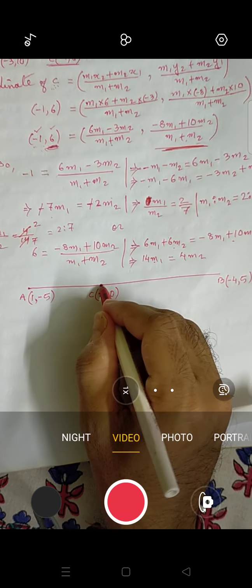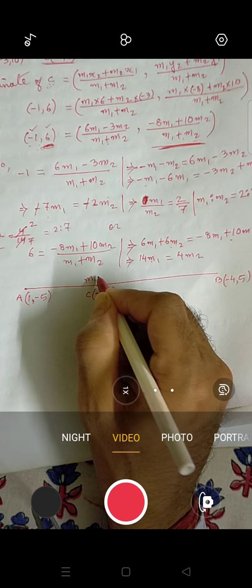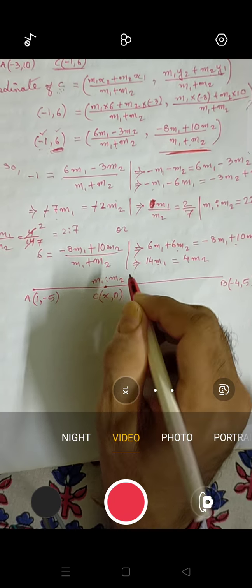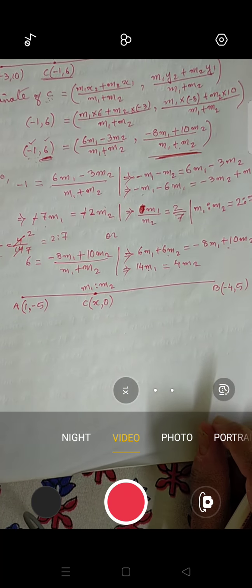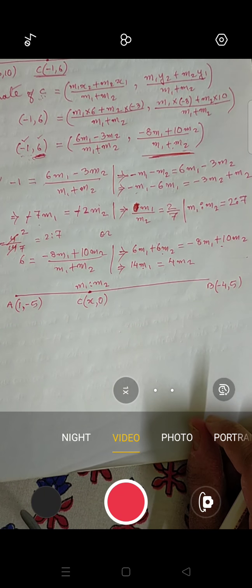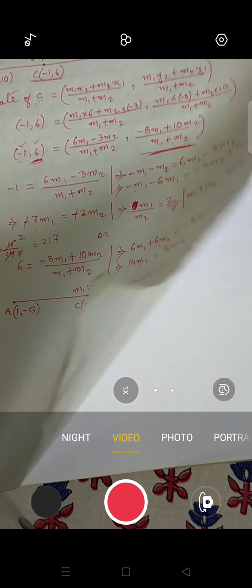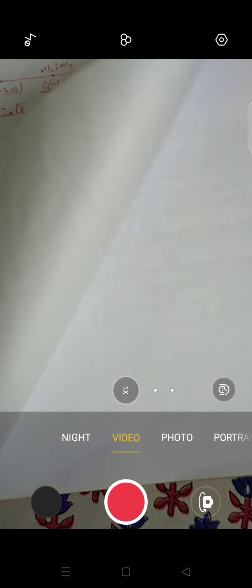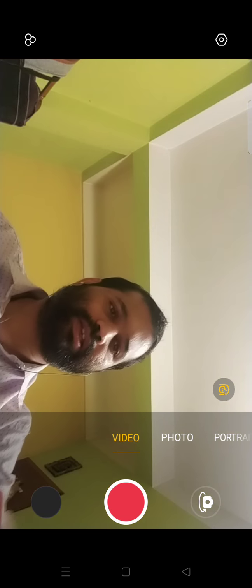Now what is the ratio? We don't know the ratio. So let us suppose m1 is to m2. So this is the diagram. You draw this diagram, then we will move to the question. If you have not, then you can pause and see the diagram. So the question was find the ratio.